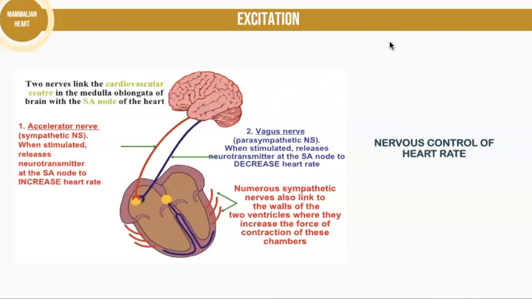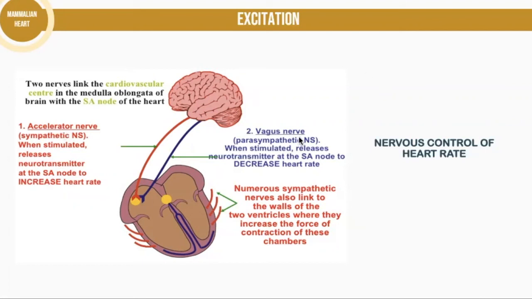That's how the nervous system influences and controls the heart rate. First, you have the accelerator nerve. The accelerator nerve is from the sympathetic nervous system, and when stimulated, it releases a neurotransmitter at the SA node that increases the heart rate.